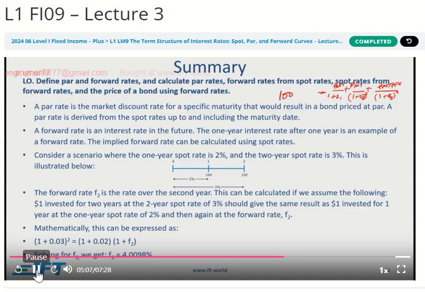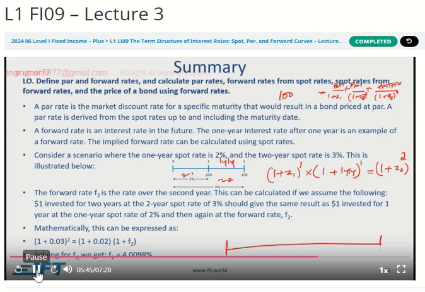And then of course we got into forward rates, where you can use this formula. So let's say if you're doing Z1 and Z2 for your 1y, it will be (1 plus Z1) to the power of 1 multiplied by (1 plus 1y1y) also to the power of 1 because it's for 1 year, is equal to (1 plus Z2) to the power of 2. And you can essentially calculate forward rates from spot rates, and spot rates from forward rates, if you have the relevant data, right?